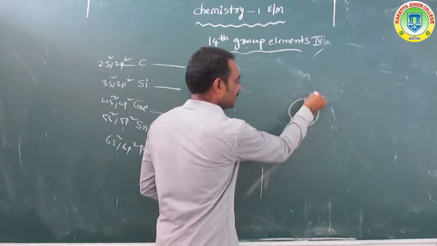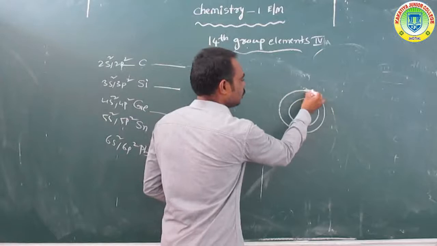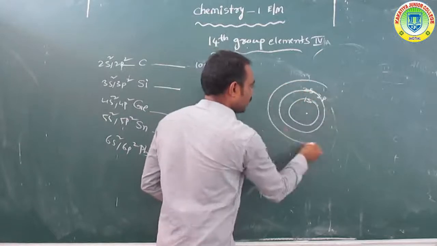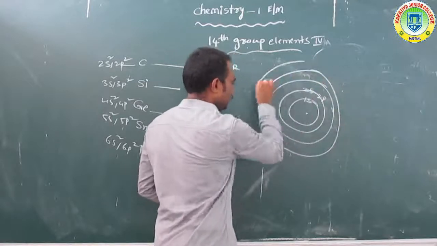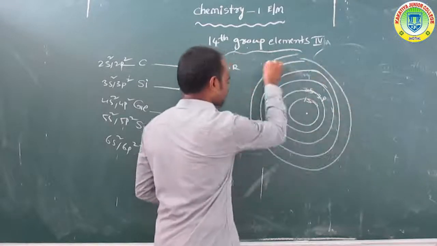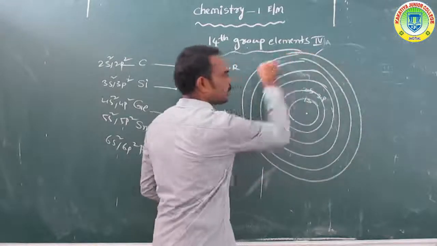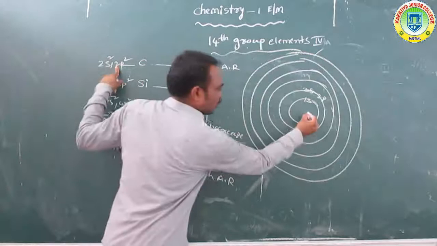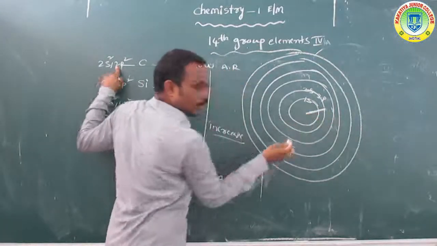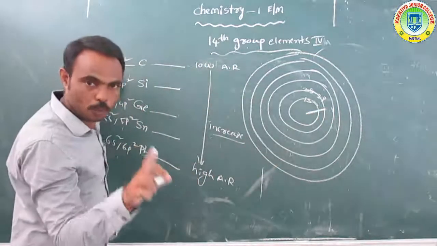First shell 1s, second shell 2s 2p, third shell, fourth shell, fifth shell and sixth shell. Carbon is the second shell, so the distance is very low.